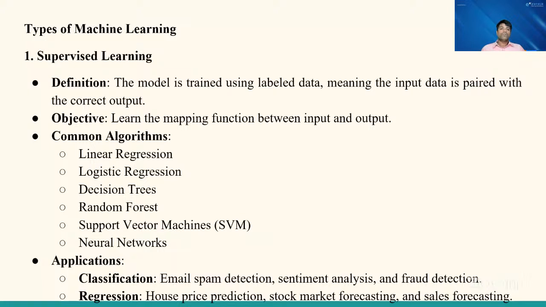You are categorizing into two classes and labeling them. If a person looks like this, he's a male; if a person looks like this, she's a female. That is exactly what labeling is. So training on the labeled data is exactly what supervised learning is.